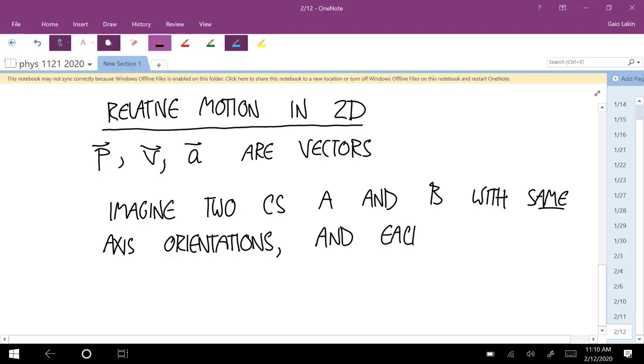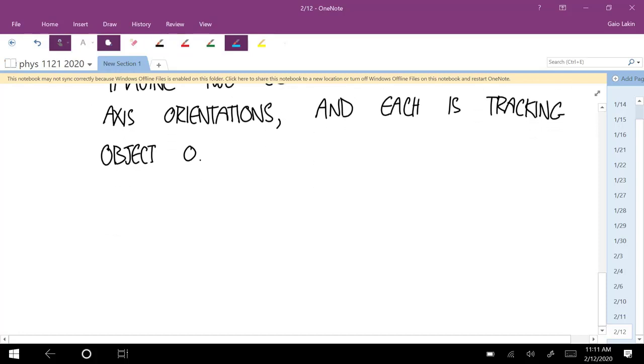Each of these is tracking an object that I'll call O. Well, with one-dimensional motion, we were talking about two choices of the zero position, okay? And they had to be along the line because all the motion is along a line.